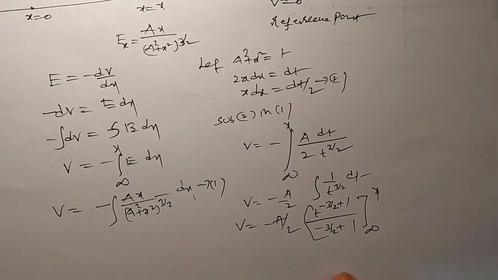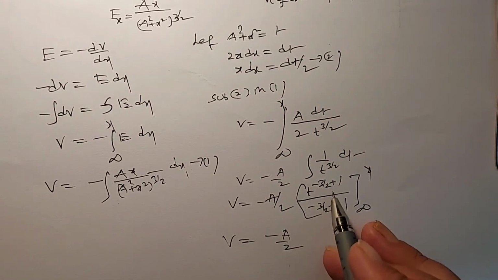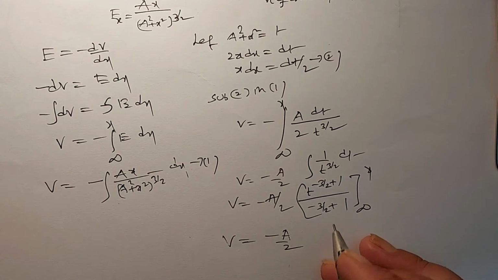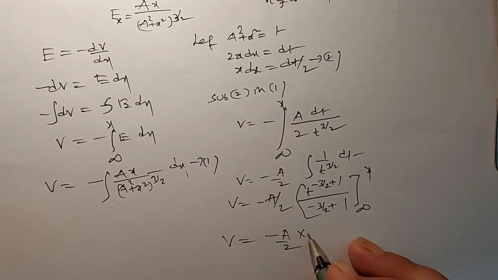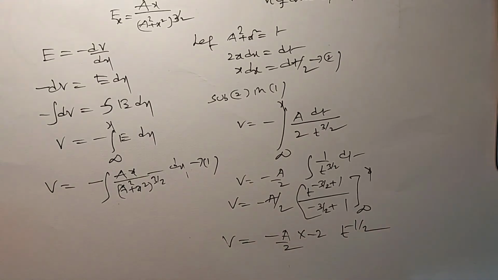So V is equal to minus a by 2 into t to the power of minus 3 by 2 plus 1 over minus 3 by 2 plus 1, here minus 1 by 2, t to the power of minus half.